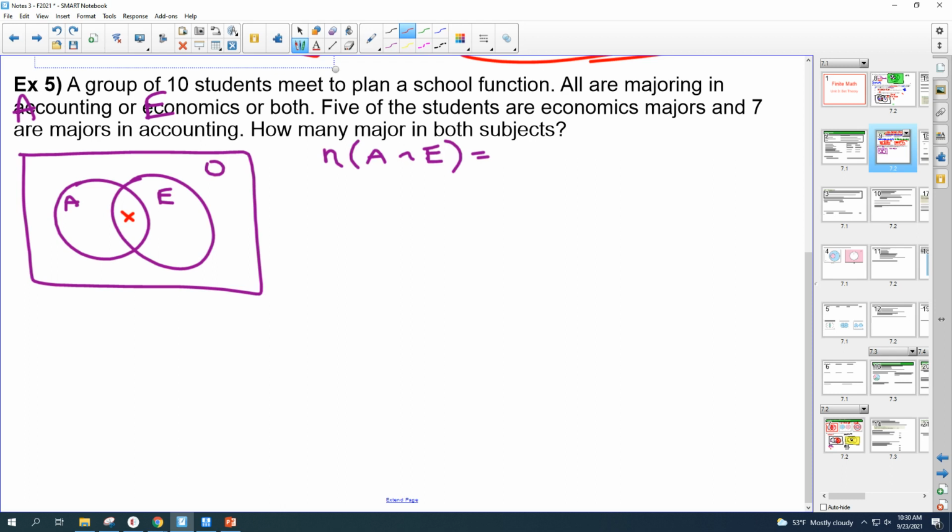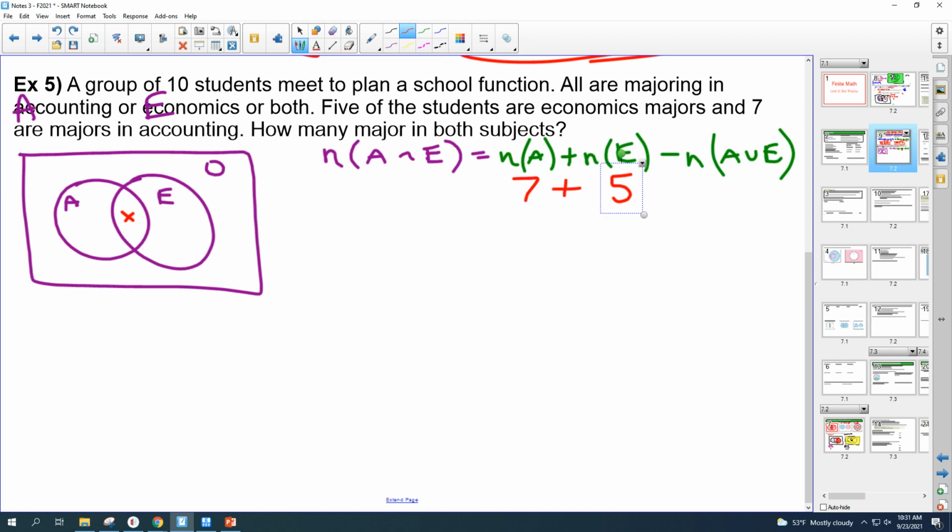But what we do know is we do have information for the union rule, because the union rule says the number in the single plus the number in the single minus the number in the opposite double. And it says 5 students are econ majors, and it says 7 are majors in accounting.